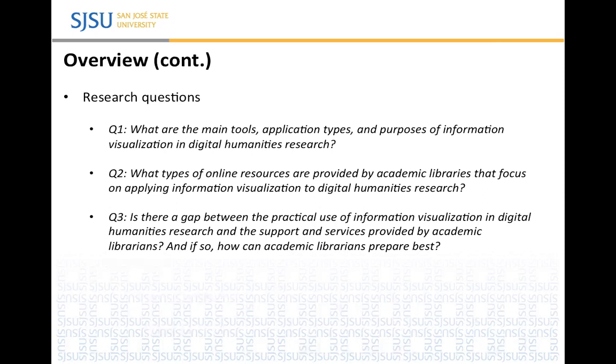And second, what types of online resources are provided by academic libraries that open the application of information visualization in digital humanities research? And finally, is there a gap between the practical use of information visualization in digital humanities research and the support and services provided by academic librarians? And if so, how can academic librarians best prepare for that?